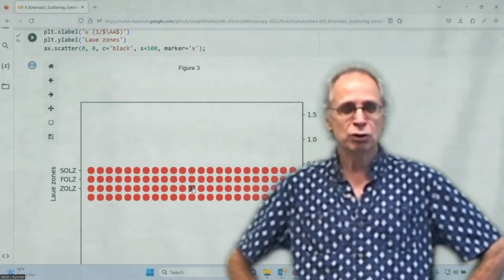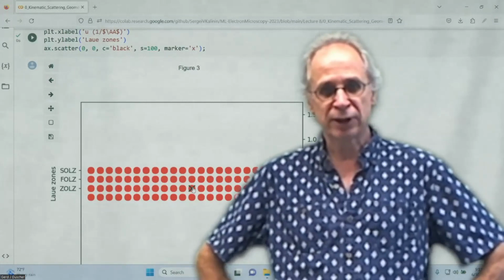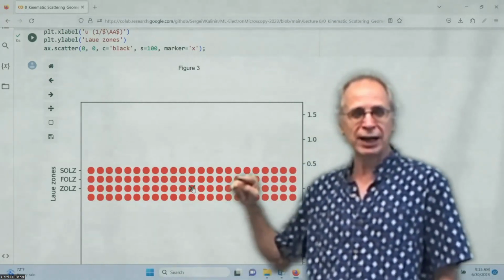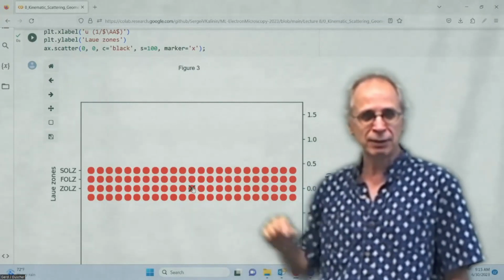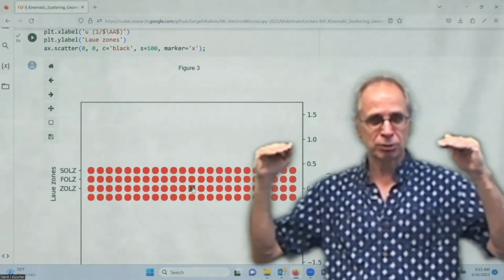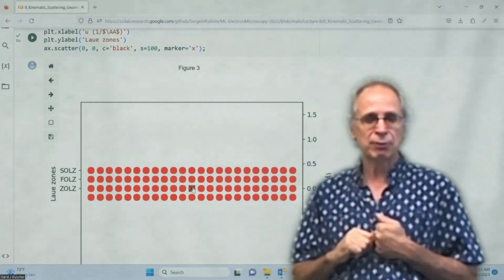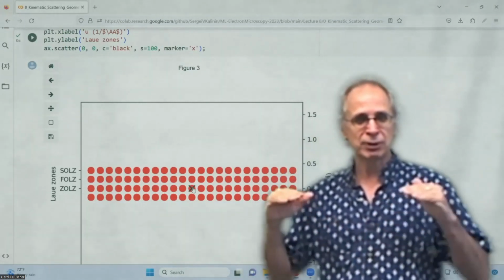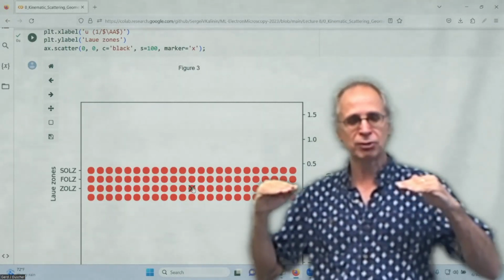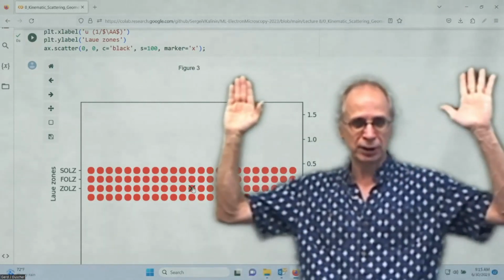Usually you don't care about it in other diffraction techniques, but of course it's 3-dimensional, so there are other Laue zones as well. There's the 1st order Laue zone, 2nd order Laue zone, 3rd order Laue zone. But what we usually say is we have the zero order Laue zone, that is what you're used to from diffraction, and then the higher order Laue zones.